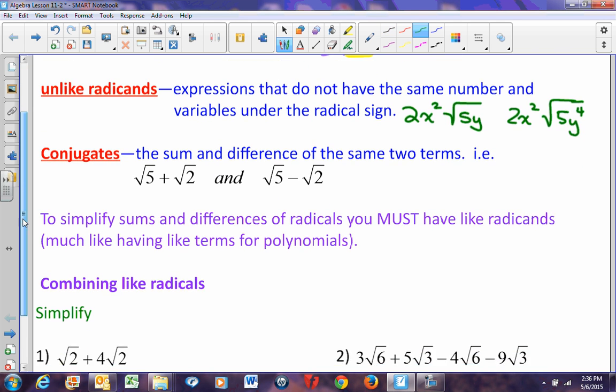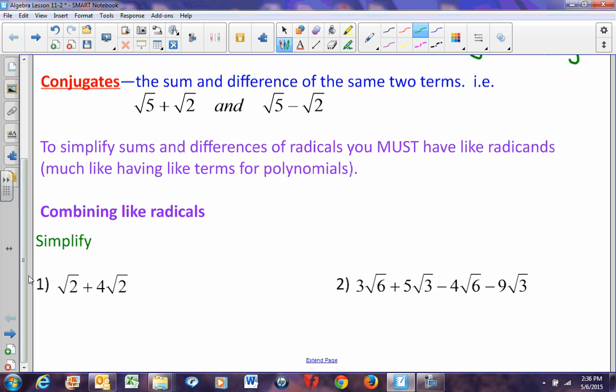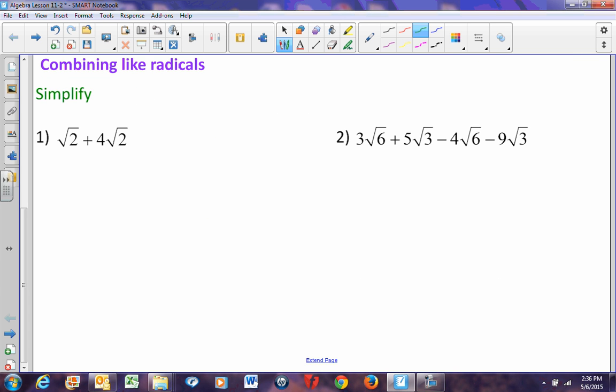To simplify sums and differences of radicals, you must have like radicands, much like having like terms with polynomials. So if I want to combine radicals, they need to have the same number underneath the radical. For example, this is the square root of 2, this is the square root of 2, I can combine these now.